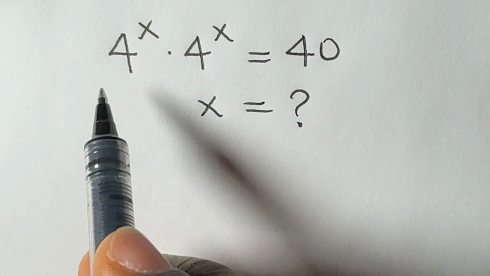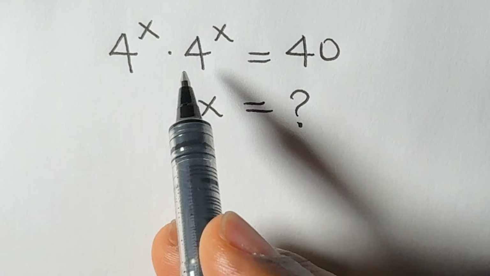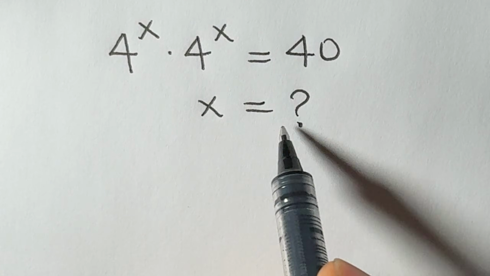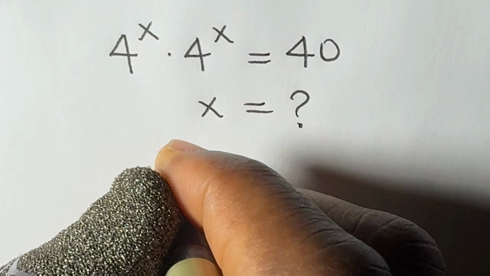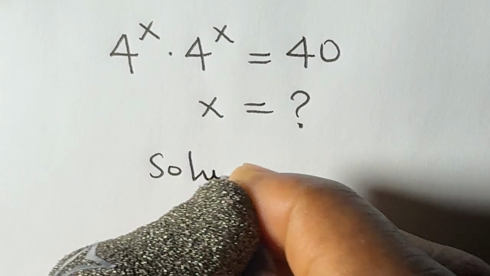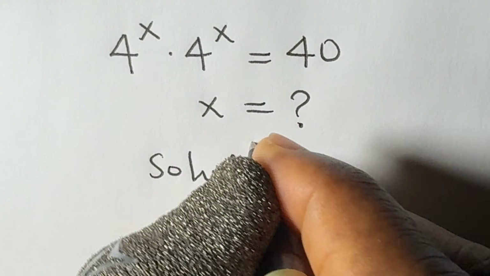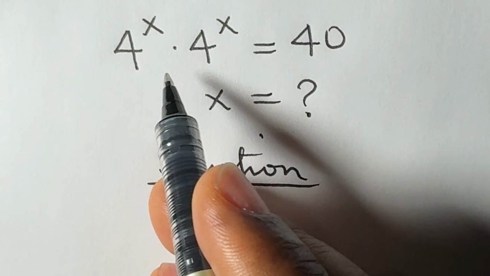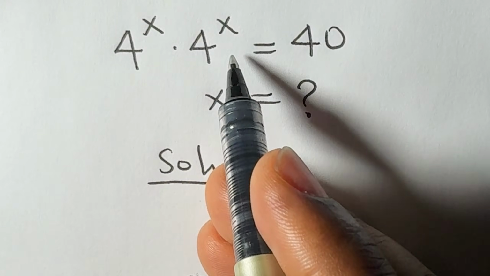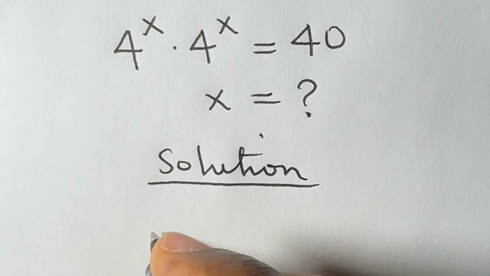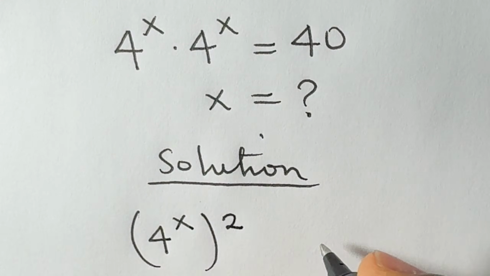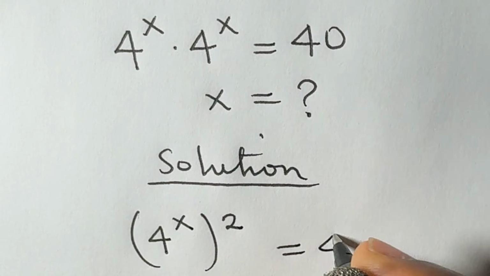In this video, we are given 4 raised to power x times 4 raised to power x is equal to 40. Find x. 4 raised to power x times 4 raised to power x, we are going to rewrite that as 4 raised to power x, raised to power 2, and then equal to 40.